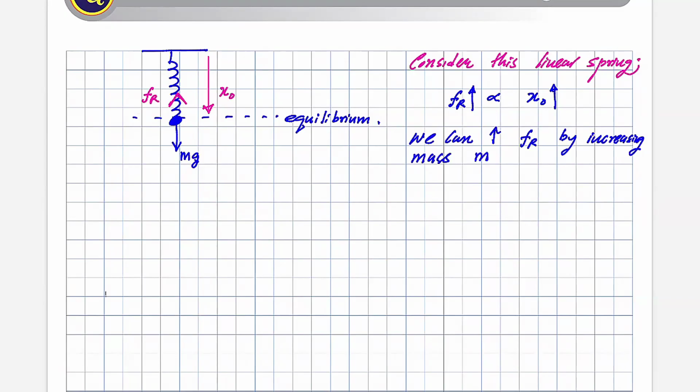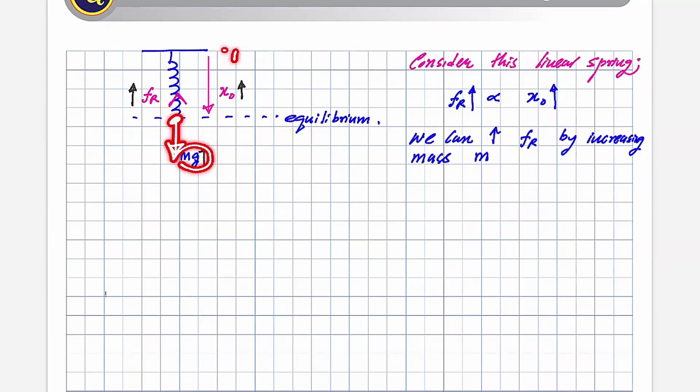So in the picture, when I increase the mg force by increasing M, FR is also increasing, right? And x0 is also increasing.